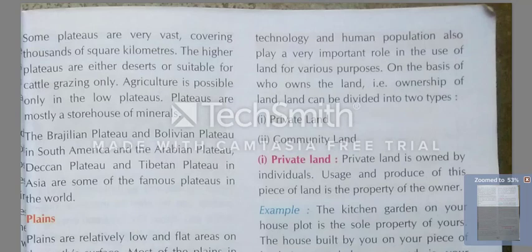Some plateaus are very vast, covering thousands of square kilometers. Vast means big, B-I-G. Just write its synonym. Some plateaus are very big, and they cover thousands of kilometers.